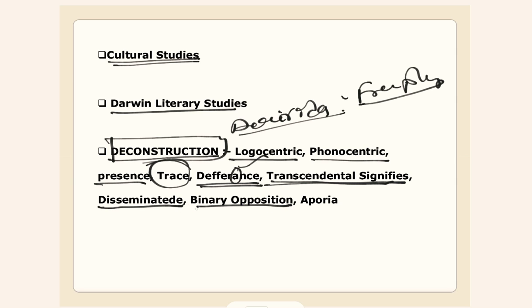Binary opposition. Aporia. Whatever I have highlighted here, these terms are asked in the NET exam. So please remember all these terms are very important from the UGC NET SLET exam point of view as well as assistant professor and lecturer exams.